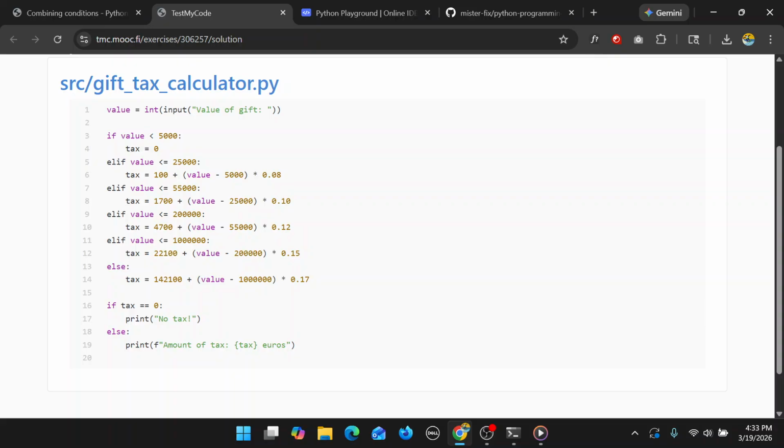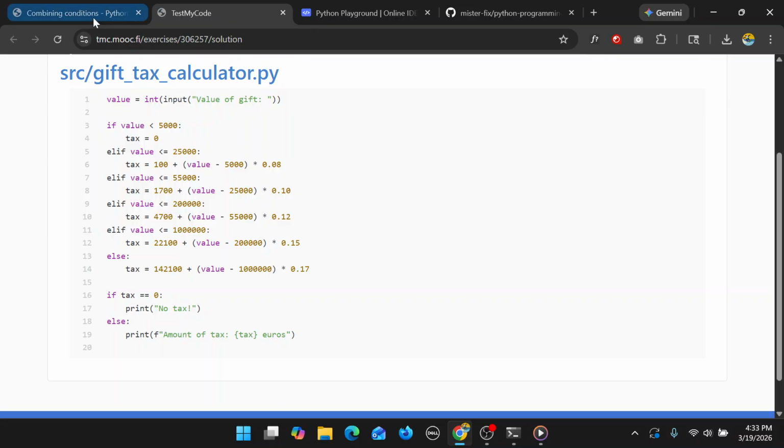So if this passes, we know that tax is 0, so we don't have to do anything else. But we also know that the value is not less than 5,000. So then we just have to check the gap between 5,000 and 25,000, which is the upper limit of the first bracket. Then we check the next bracket, do the calculations, and the next bracket, all the way up to 1 million.